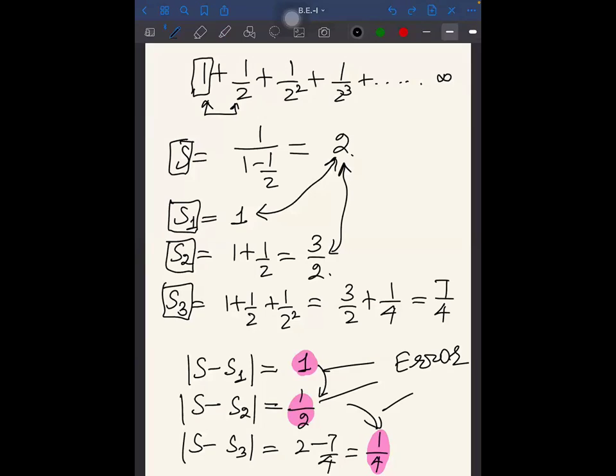Is my point understood? Everyone is getting it? Now you come back to the statement again.